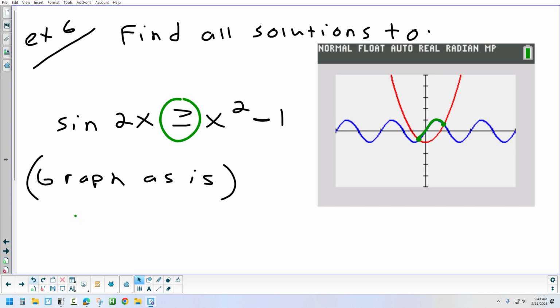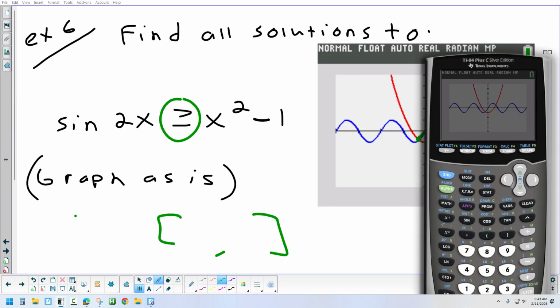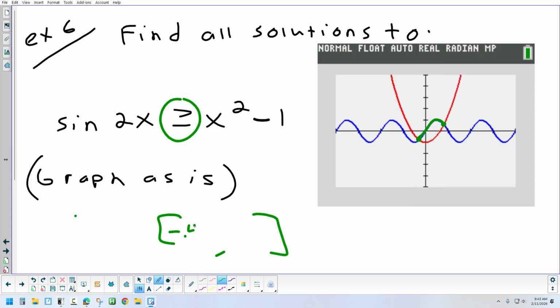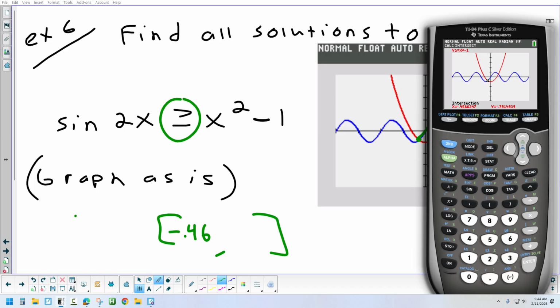So all we have to do is find the two intersection points, and that's our answer. And we're going to use brackets because it did say we could equal. So we get negative 0.46. That's the lowest radian value you can pick.